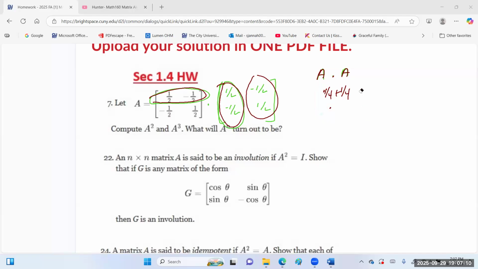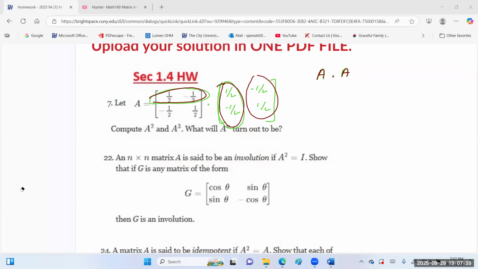Eraser. So let me erase it. Let me write nicely. You're not squaring them, you're multiplying them. So you take 1/2.